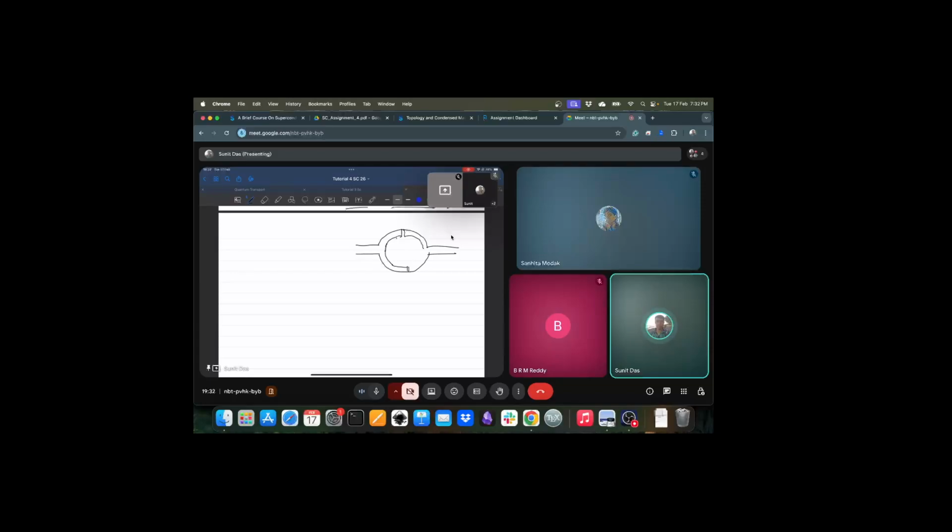So we made the Josephson junction something like this. This is the insulating region, and this is again the insulating region. If we cut here, then we have only a single Josephson junction, with superconducting regions 1 and 2 separated by the insulating region. Again, here also the same, 1 and 2 separated by an insulating region.